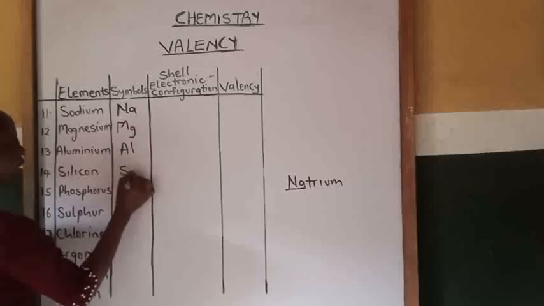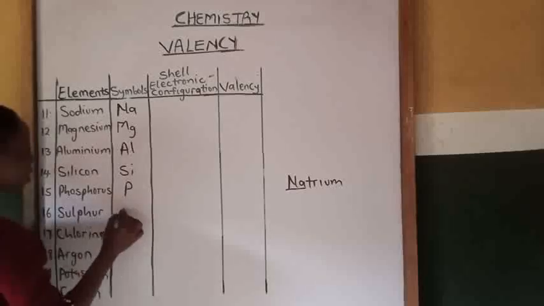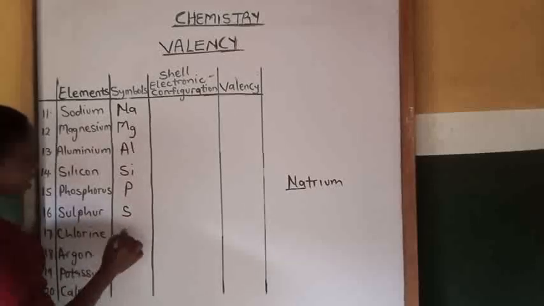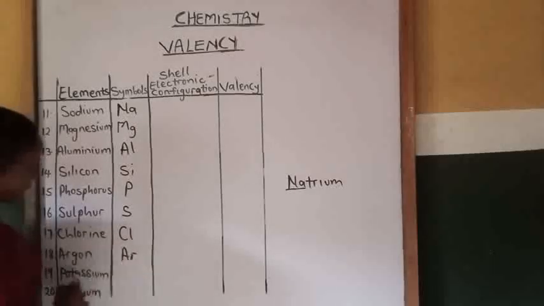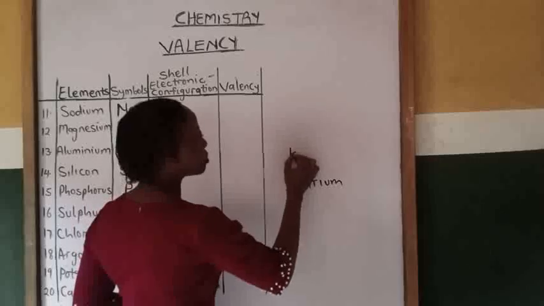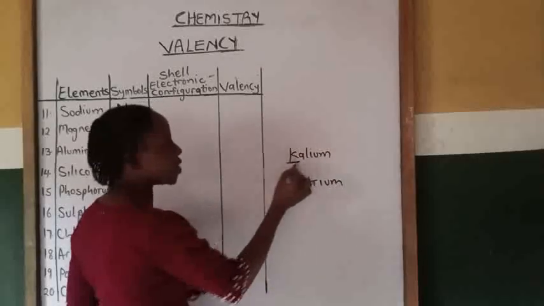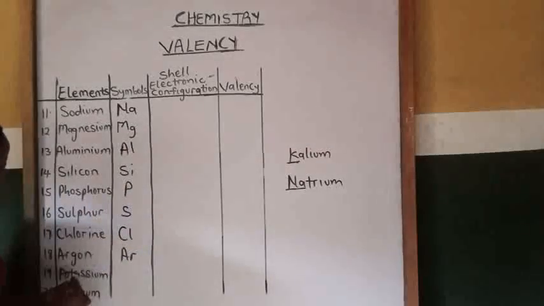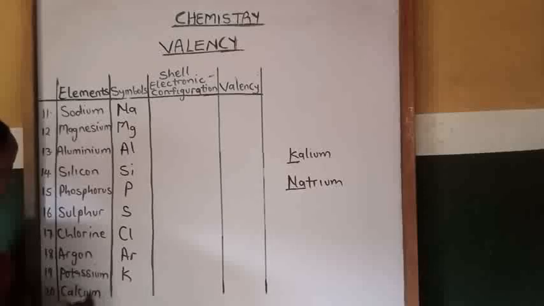Silicon is Si. Phosphorus is P. Sulfur is S. Chlorine is Cl. Argon is Ar. Then potassium is derived from the Latin word kalium, so the first letter is the symbol for potassium, K. Then followed by calcium. Calcium is Ca.